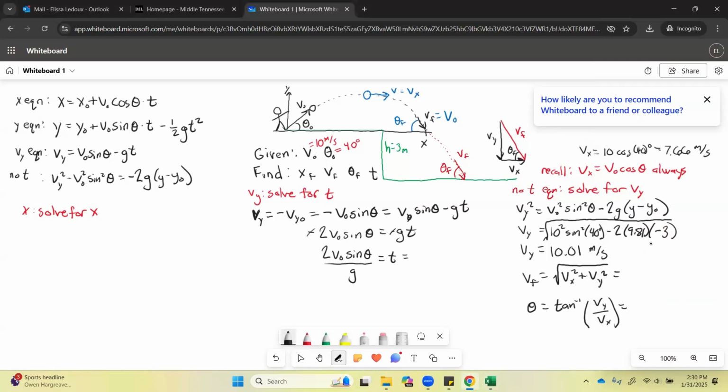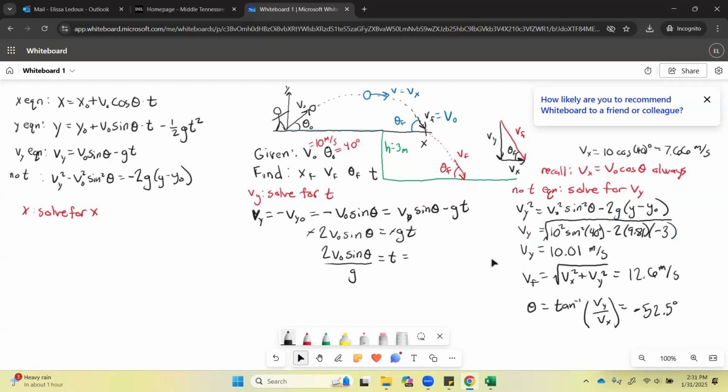All right. So here we get 12.6 meters per second, and then this is 52.5 degrees. Now, for that angle, really the velocity is going negative. So we would say this is -52 degrees, and we can just put that negative in there. You would get that if you use -10 for the Vy, which we got from the square root of this.